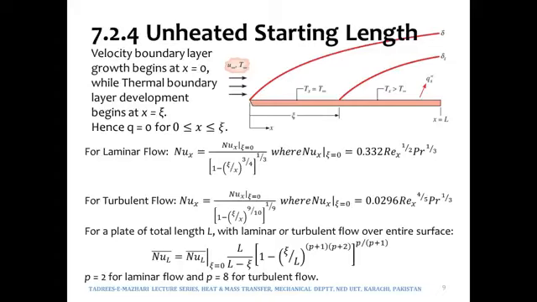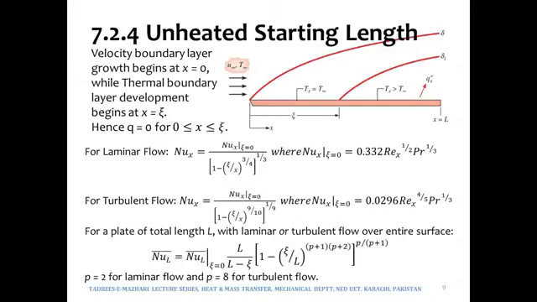So over here you can see that the velocity boundary layer would start developing right from the start, because the changes in velocity would be experienced right from the start of the plate. But for this certain length, Ts is T infinity, and if Ts is T infinity, of course no heat transfer will take place between the plate and the fluid. So therefore the thermal boundary layer will not develop if the heat transfer is not taking place.